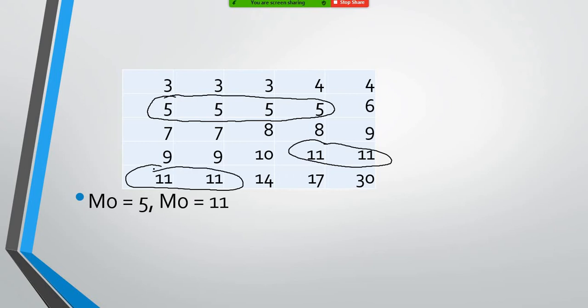That's why we would have 2 modes. And we would call this a bimodal dataset. Bi meaning 2, modal mode. So we have 2 modes or we have bimodal. We are bimodal in the dataset.